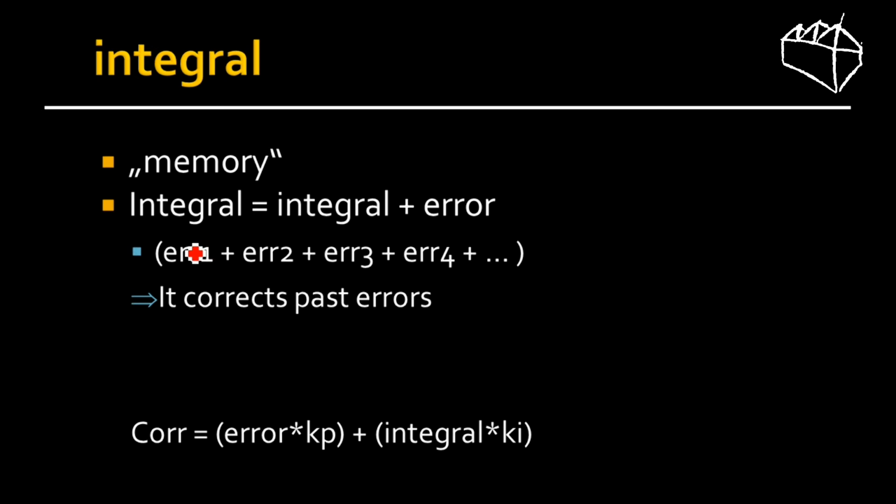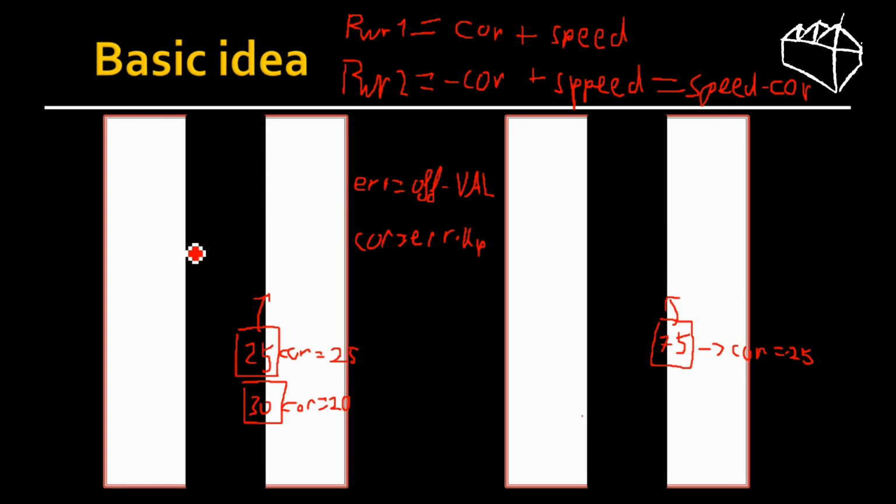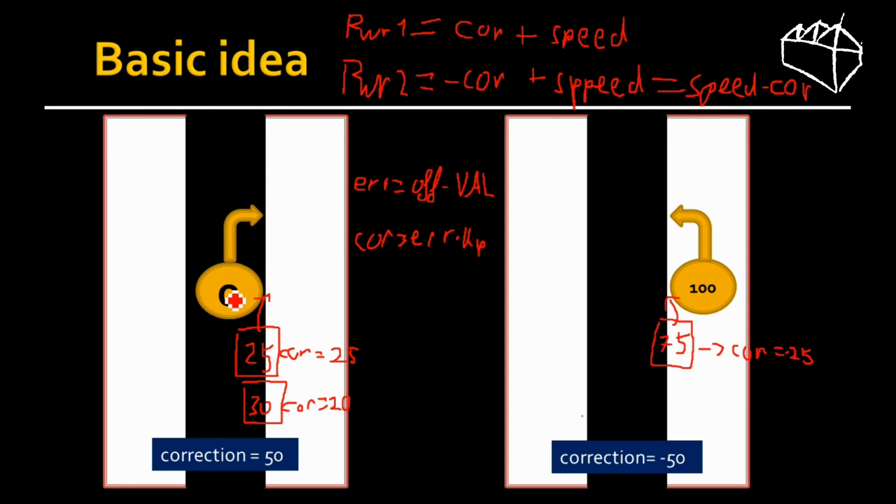So, for example, if your first error was 50 because your light sensor was on the black line, your integral gets 50 because 0 plus 50 is 50.